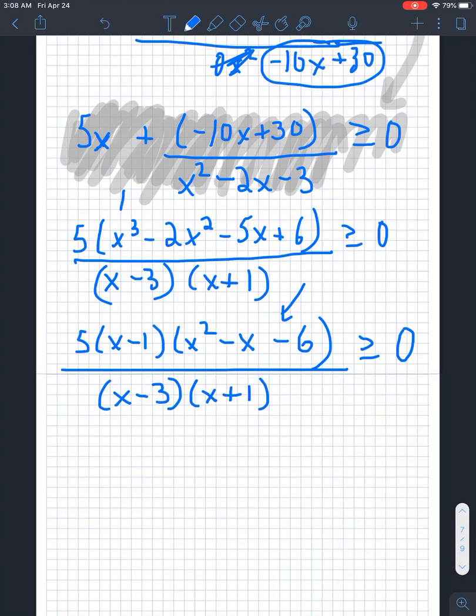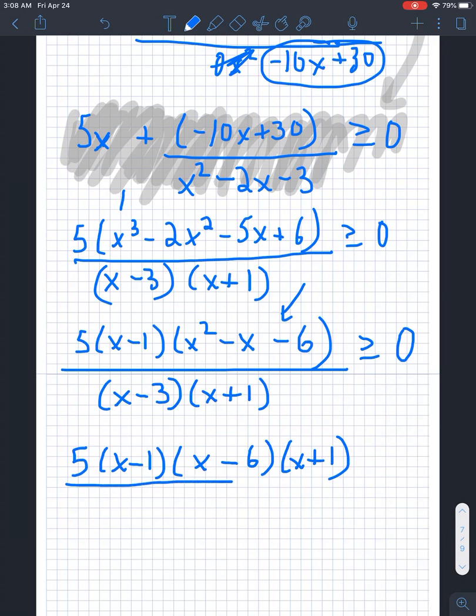And okay, so 5(x minus 1) is going to be (x minus 6)(x plus 1). Does that feel right? No, that doesn't look right. That does not feel right at all.